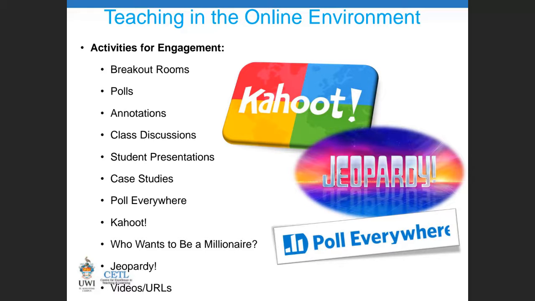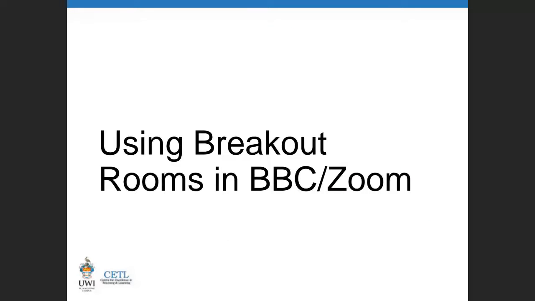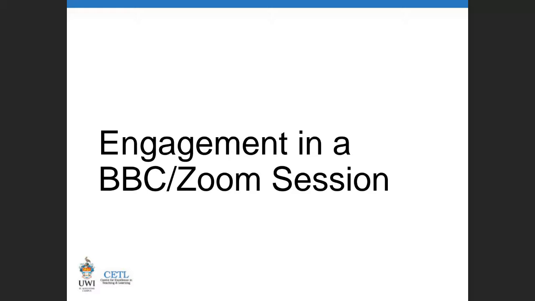Annotations allows you to write or label any graphic on your slide. Let's say I put up this slide and I want you to insert your name or answer a particular question. All you have to do is click on the T at the top of your screen, just above the slide.